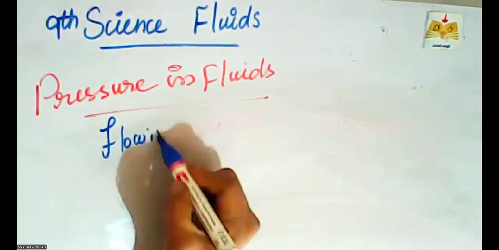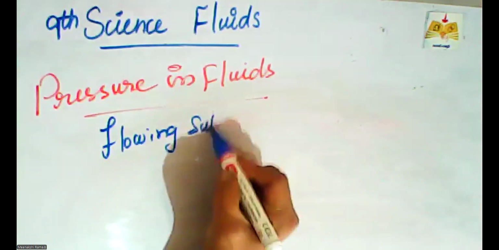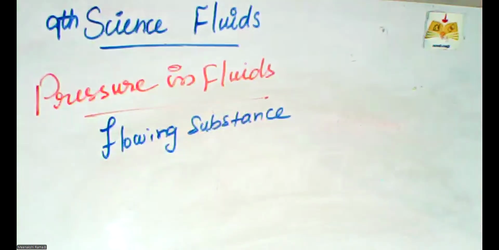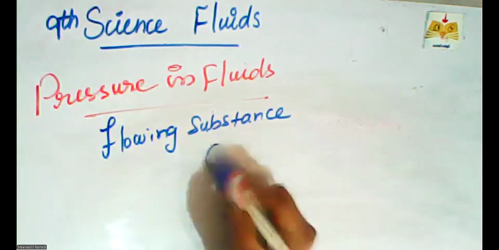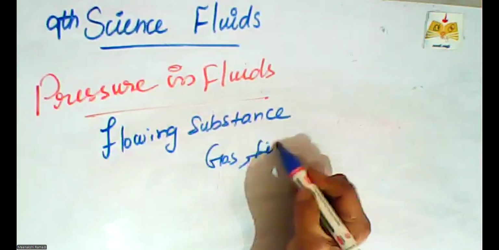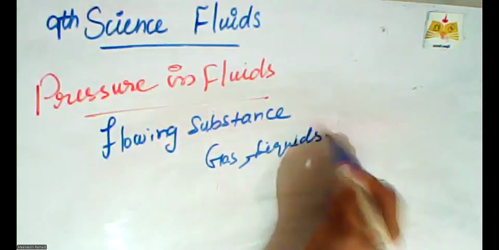Flowing means moving substances. Examples are different kinds of oil, water, kerosene, petrol, diesel. These are all fluids, both liquids and gases.